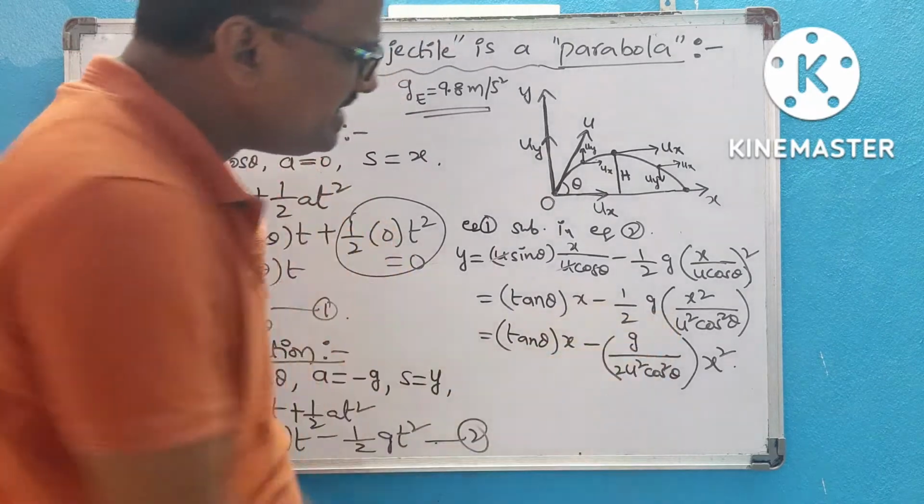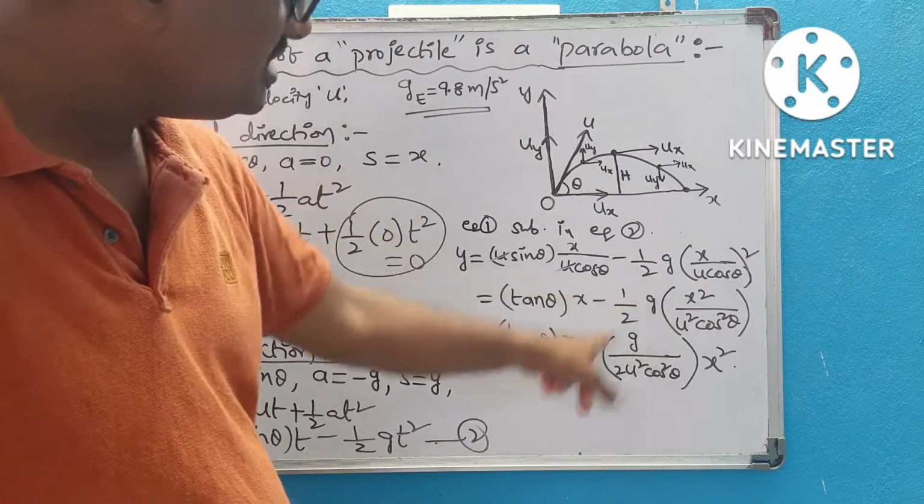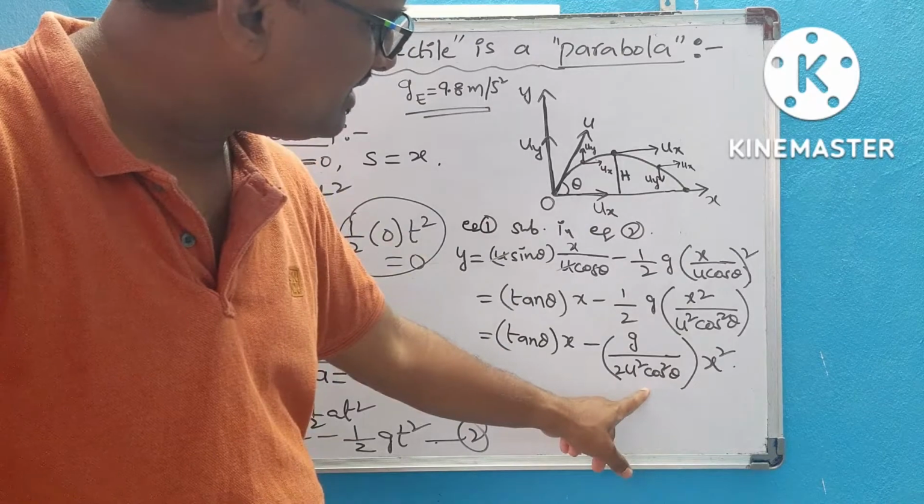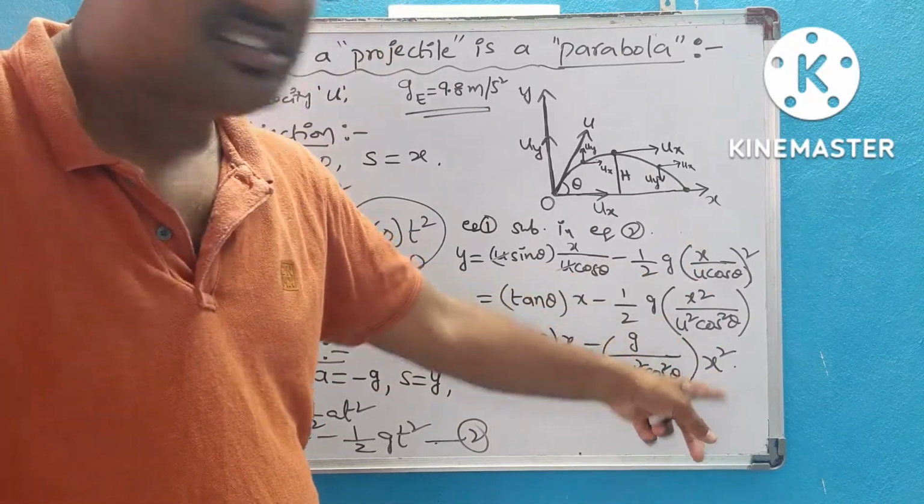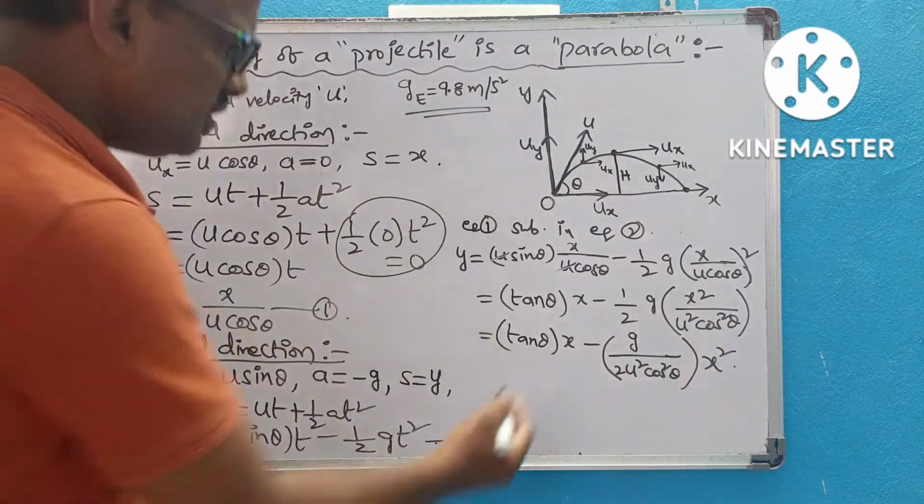Here half g means g by 2, right? Half g means g by 2 u square cos square theta. I can take the x square out of the bracket.